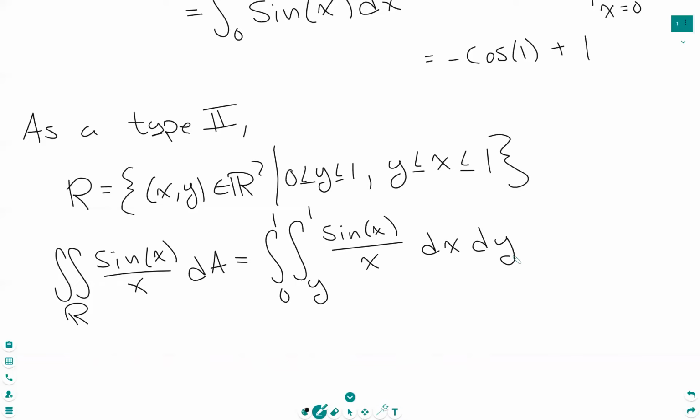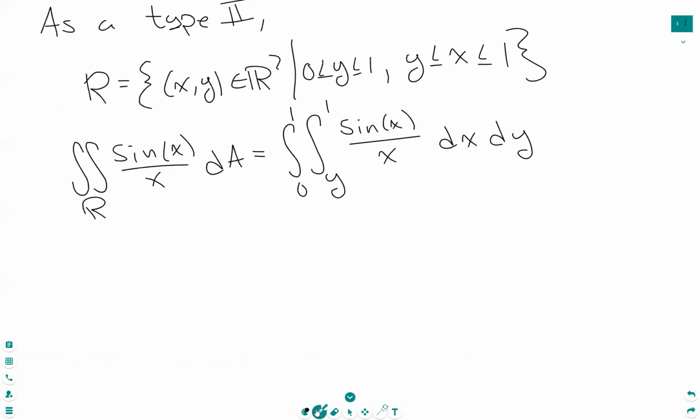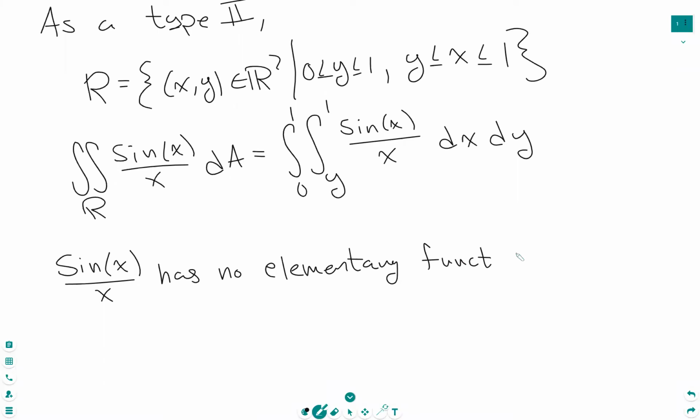Here's where we're going to run into a lot of trouble. This is called the sinc function, or sine of x over x, and it has no elementary function for the antiderivative.